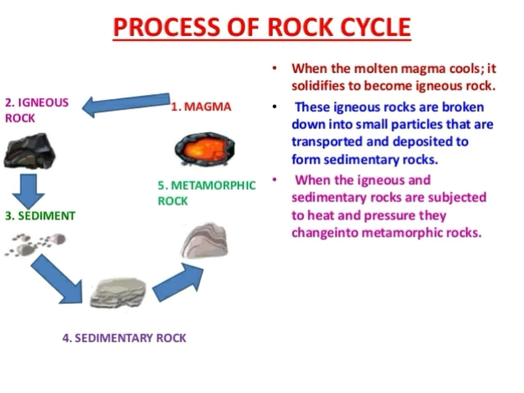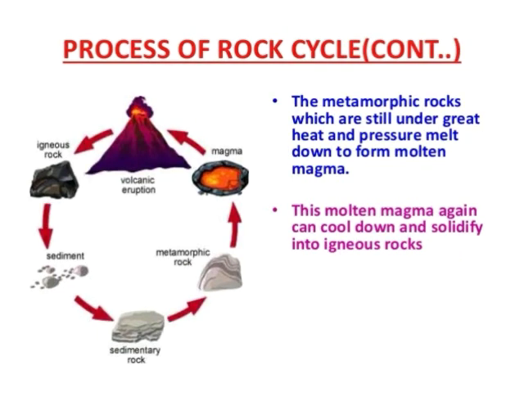See in the diagram, first magma is there, then it forms igneous rock, then it gets broken down and forms sediment and then sedimentary rock, and when the sedimentary rock undergoes higher pressure and temperature conditions, it forms metamorphic rocks. Okay, this is a more detailed diagram. You can see and understand.